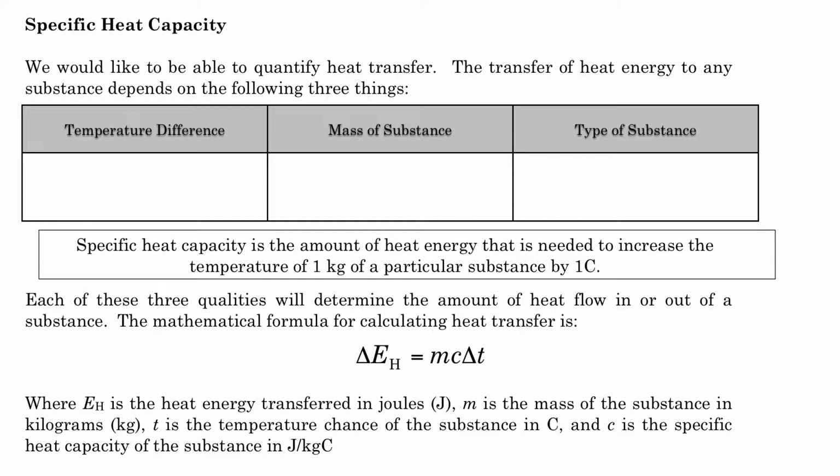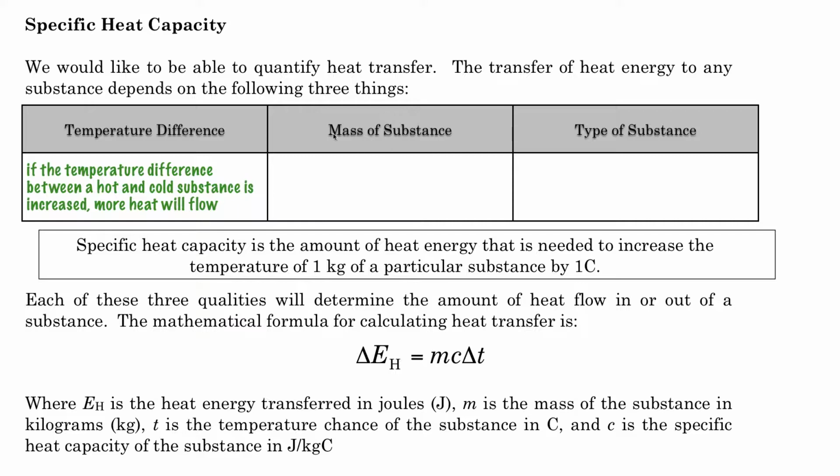So let's think about the temperature difference. Okay, that's the first thing. If the temperature between a hot and a cold substance is increased, then more heat will flow. Right? Because heat always is trying to balance out two things. Okay, so if the temperature difference between a hot and a cold substance is increased, more heat will flow.